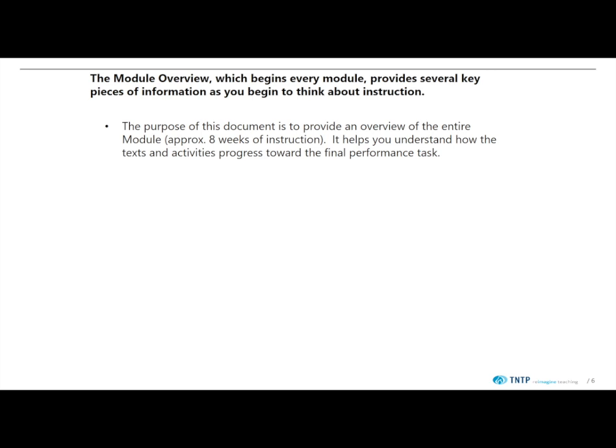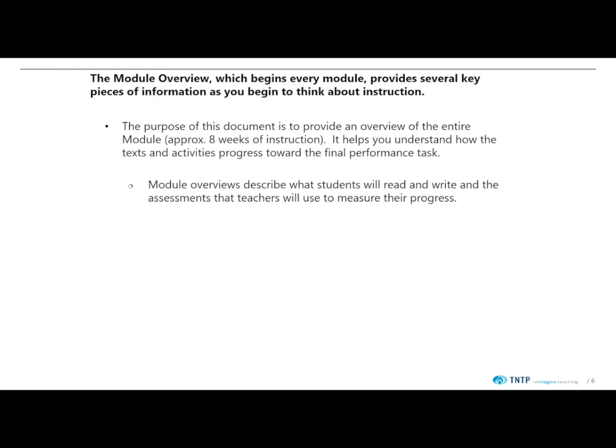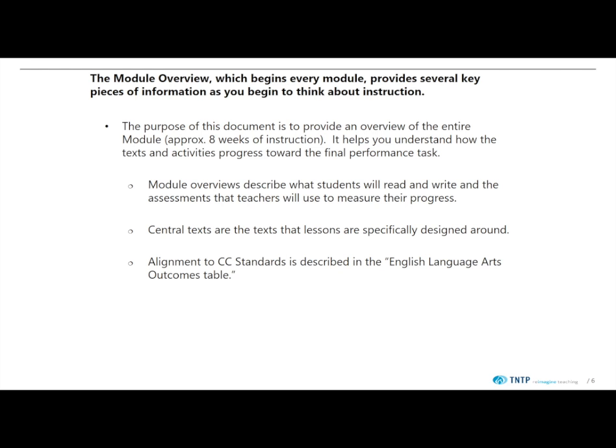It will help you understand how each piece of text read and tasks completed by students develops toward the end of module performance tasks. The module overview also describes what students will read, tasks that will be completed, and the assessments that they will complete, and it will help you gauge your students' progress throughout the module.